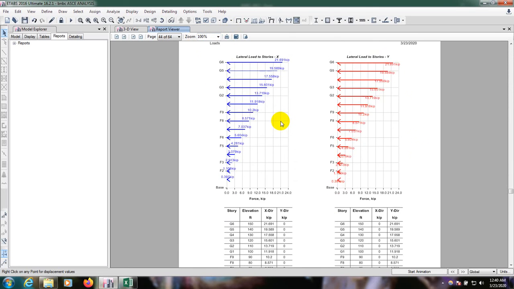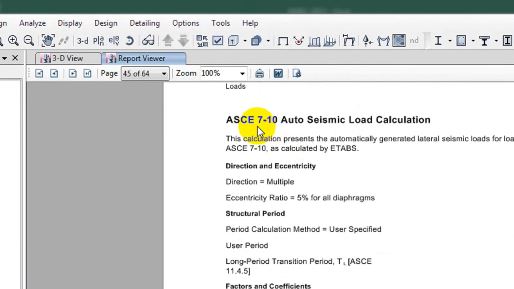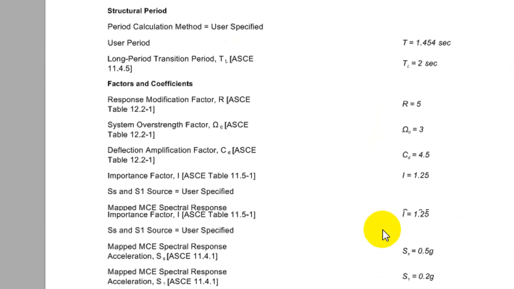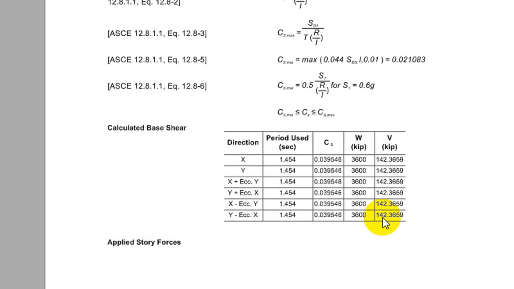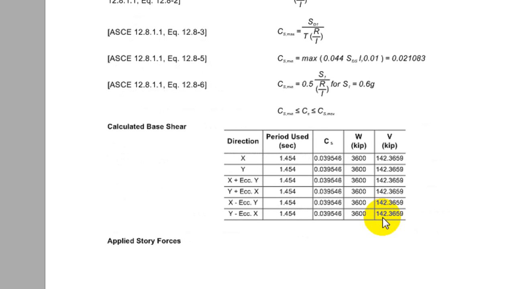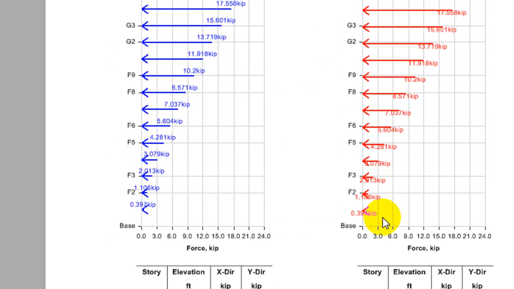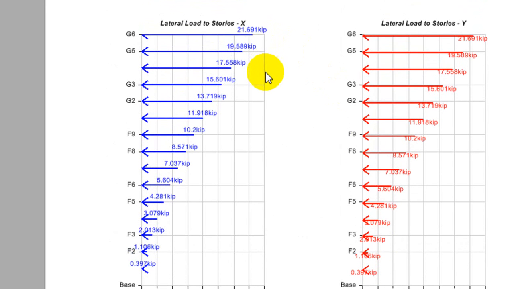Now here is the value, the ASCE 7-10 value, and the wall value you are seeing is from our previous value that we have provided here, and there is our required value. And we'll go here. So you are seeing that this is our required value.